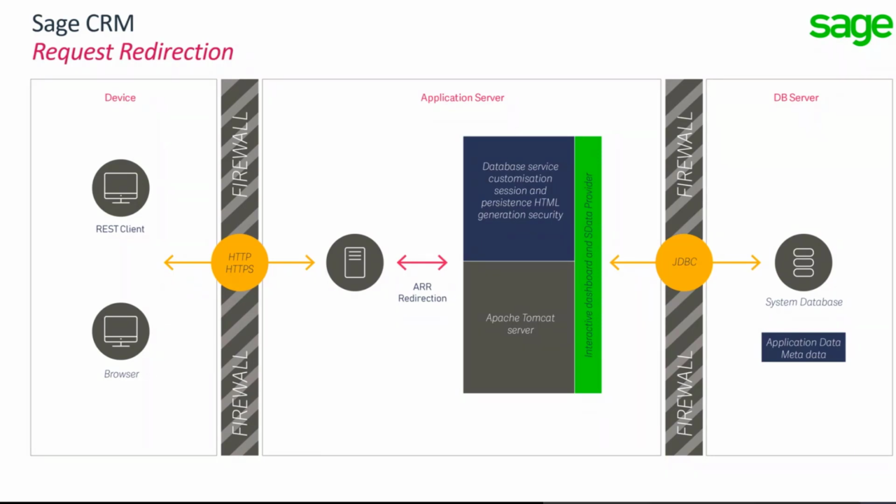Sage CRM does this by using the Application Request Routing (ARR) and URL Rewrite modules of IIS. ARR is an extension to IIS, which allows an IIS server to be configured to route incoming requests to a different web server using a set of rules or algorithms.